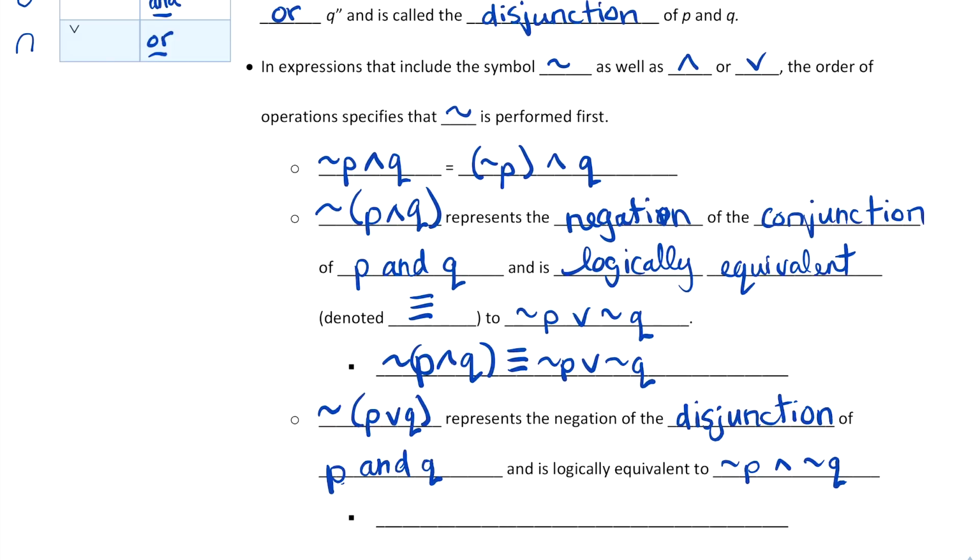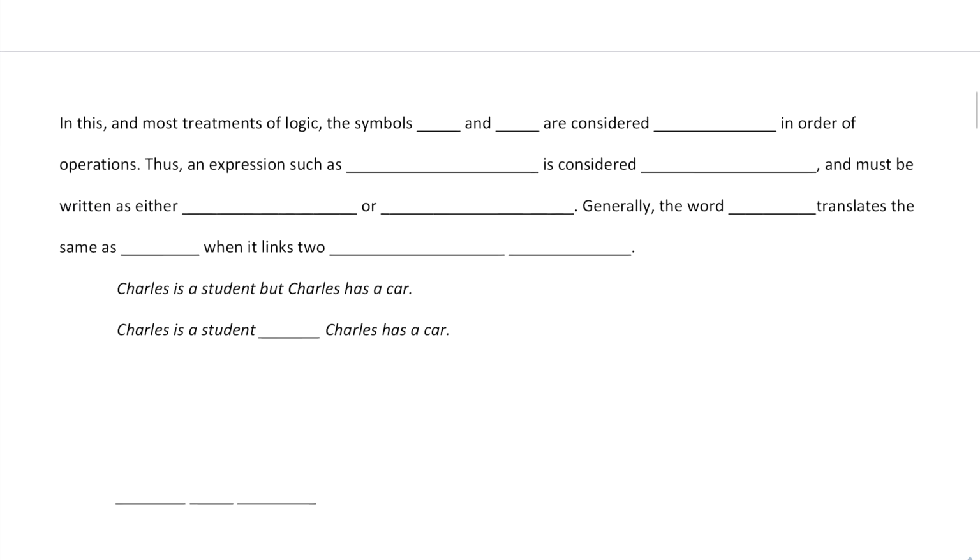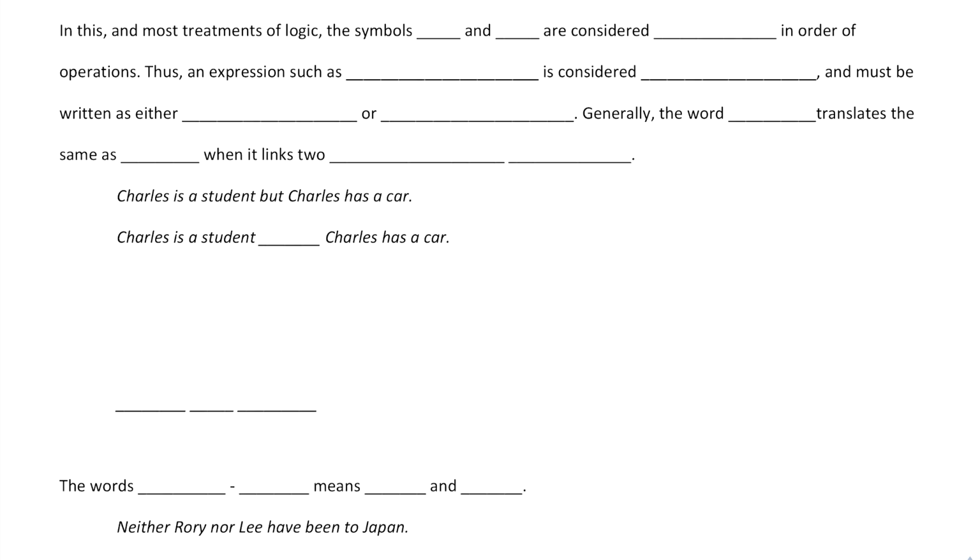So the only way to falsify that statement is if both of them were false. So all together, this is what we've got: the negation of the disjunction of P and Q is logically equivalent to not P and not Q. Good? Awesome. Alrighty. So now let's check out the next set of stuff.